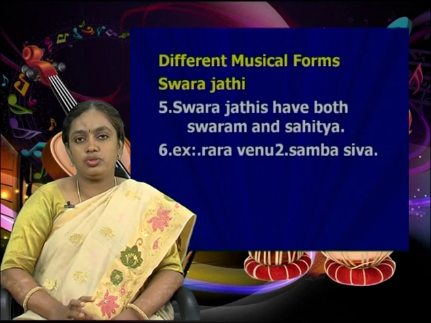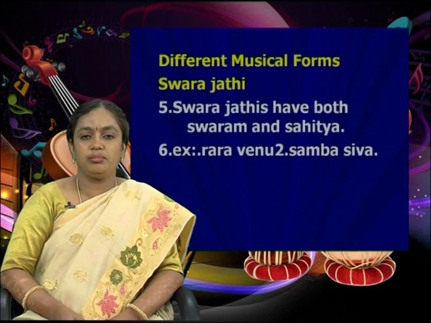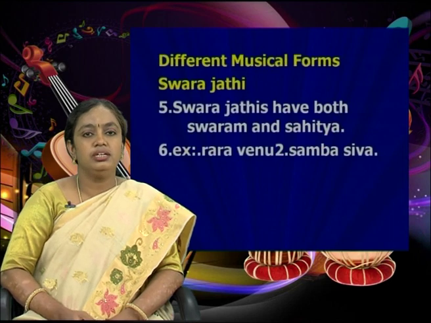I just want to show some differences between Swaram and Sahityam, how it is composed in the structure of this Swarajati. Sariga pada sanida pada pamagari sari sanida sa. This is the Pallavi Swaram of the Swarajati, the first Pallavi, and the Sahityam comes like this. Raravenu Gopabala Rajita Sadguna Jayashila.